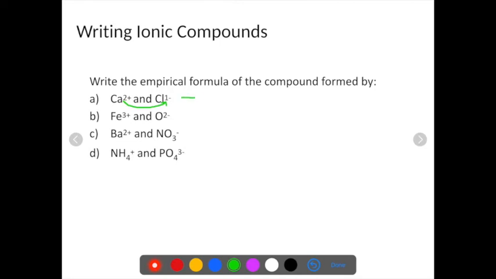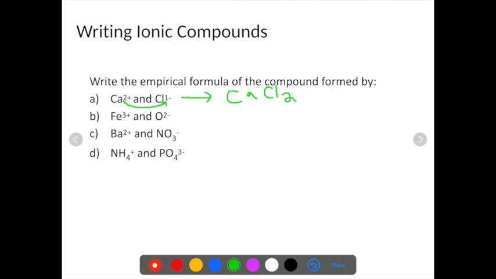But you don't have to write 1; you can leave it off and it's understood. So we get CaCl2. Calcium has a +2 charge and I only have 1 of those. Chlorine has a -1 charge and I have 2 of those. So I get +2 and -2, a neutral compound. Again, that's the goal.